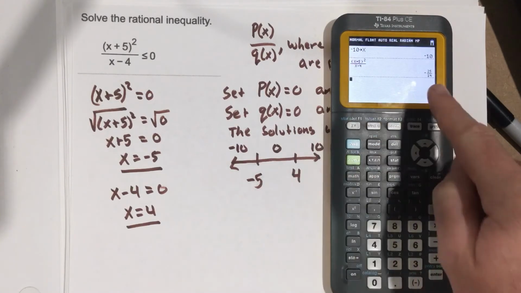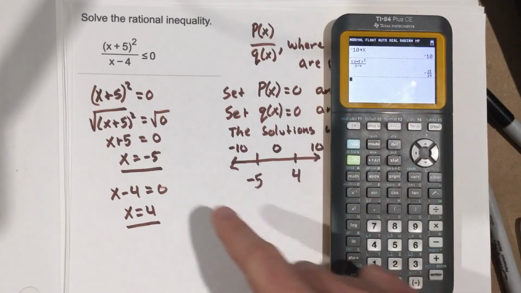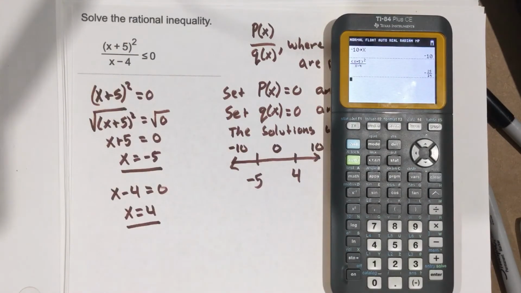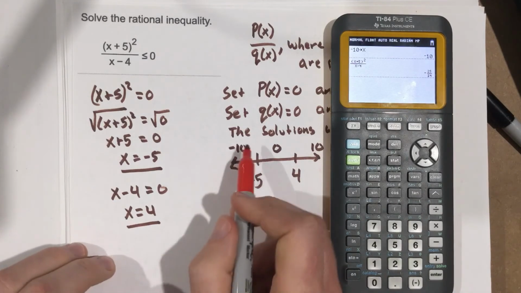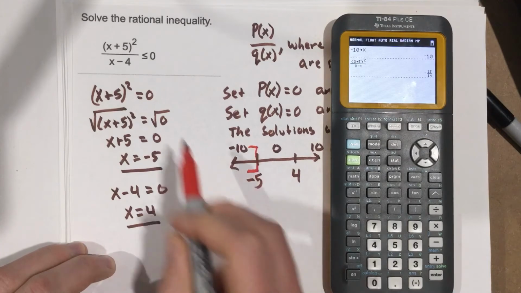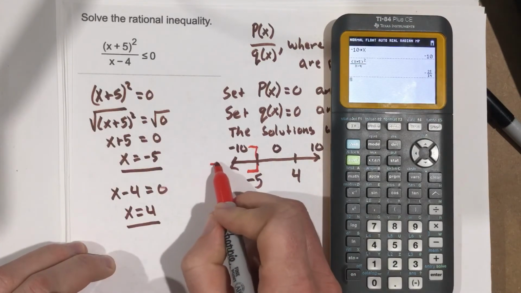Notice I get a negative number, negative 25 over 14. That negative number is less than 0. So my solutions are going to be to the left of this so far. So I'm going to go ahead and mark this with a bracket because it says less than or equal to. And this is negative infinity out here.